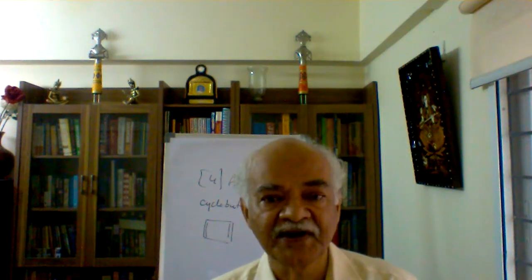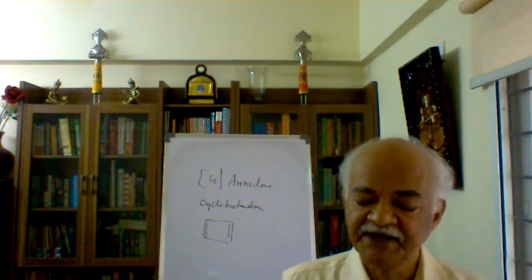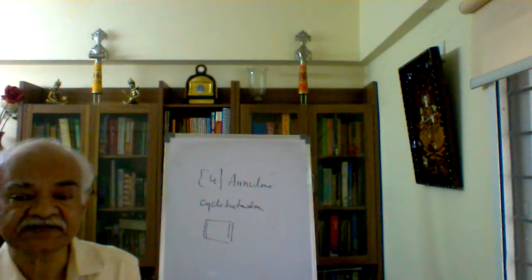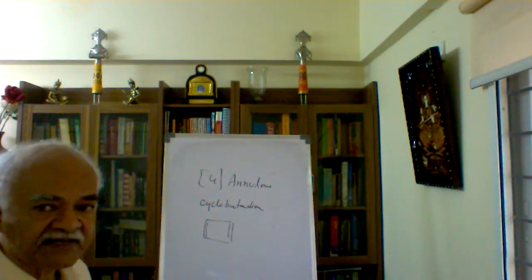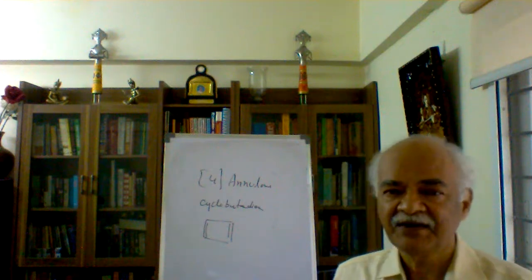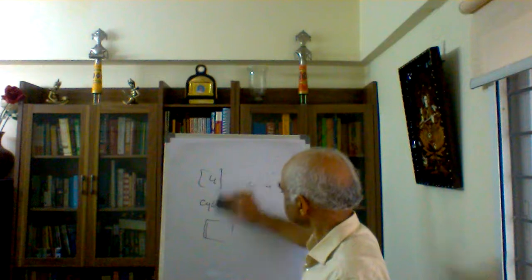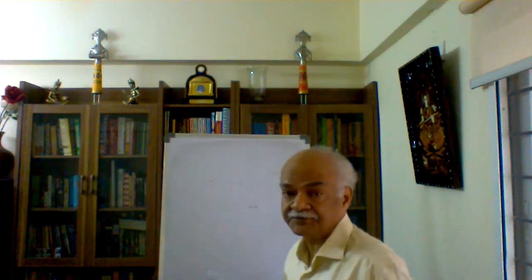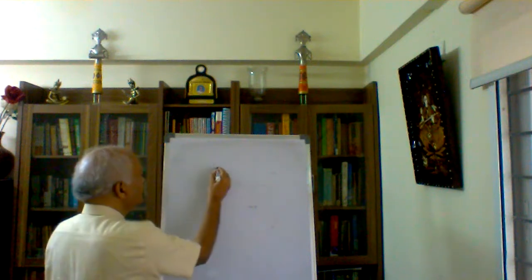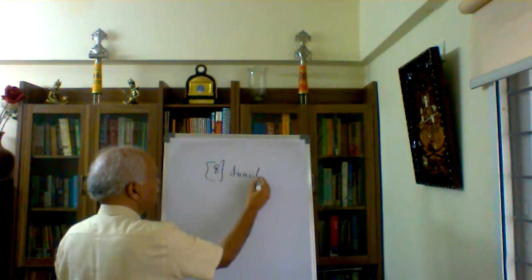Let's take one more molecule and see how the next annulene behaves. Again I have to take an annulene, because my idea is to take up cyclic systems and try to understand. Now things have become slightly hazy once you have taken the cyclobutadiene molecule first. Now take one more molecule that must also be an annulene, and that molecule is [8]annulene.